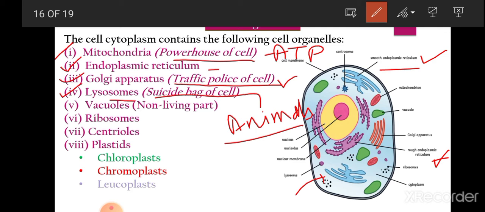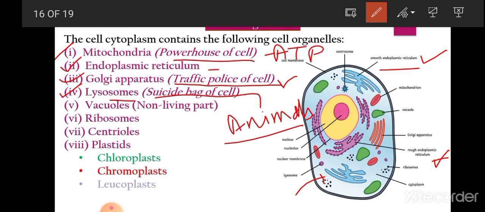But other structures that are injured or worn out, our cell parts and cell organelles, are also dissolved or digested by the enzymes present in lysosomes. Okay, that is why they are called the suicide bag of the cell, because they are digesting or dissolving the cell structures or cell organelles present in their own cell.